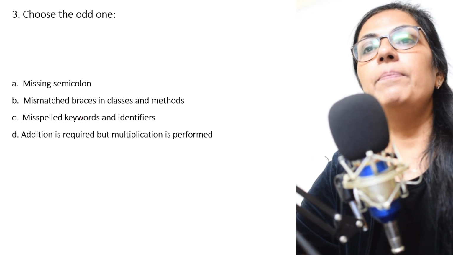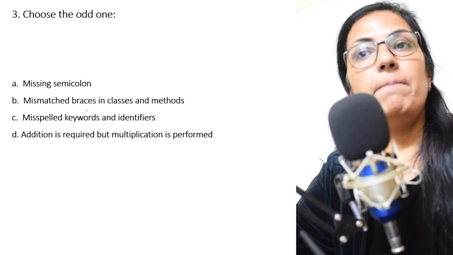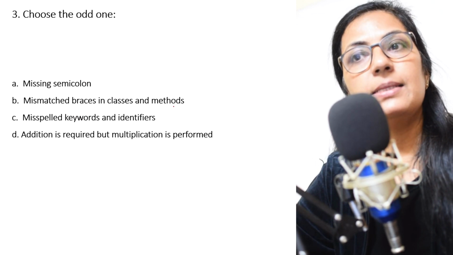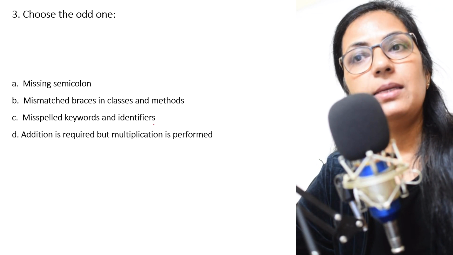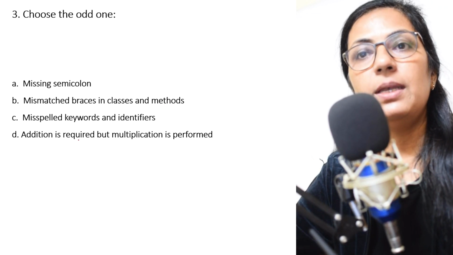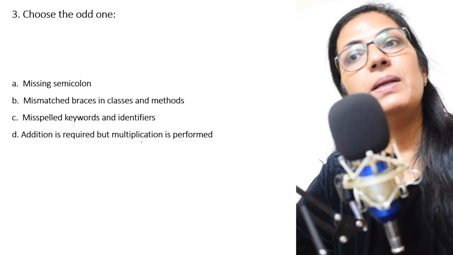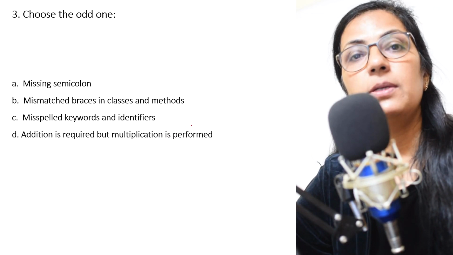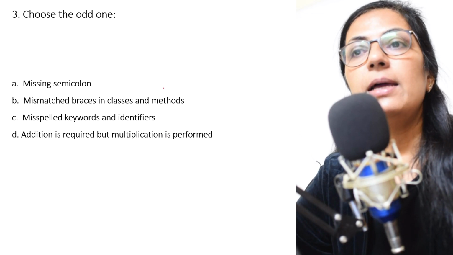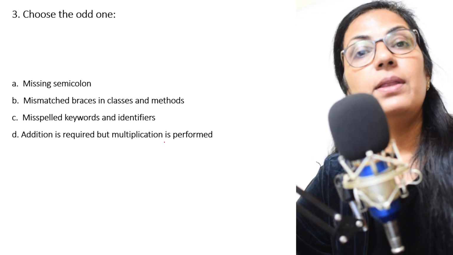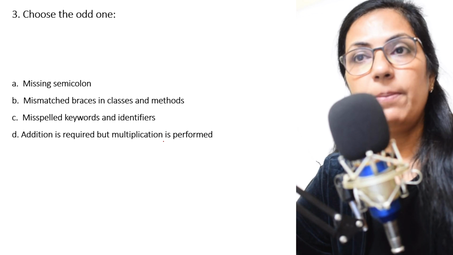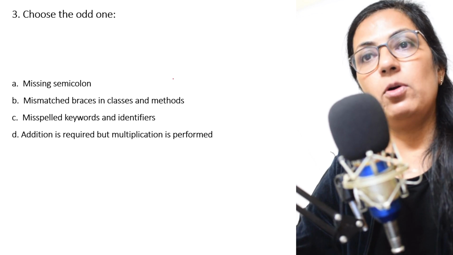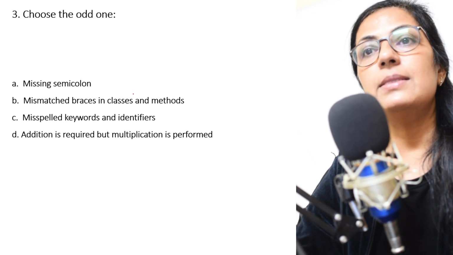Next is missing semicolon, mismatched braces in classes and methods, misspelled keywords and identifiers, and option D is addition is required but multiplication is performed. Children, if you notice here, all these are different errors which occur when we are doing programming.